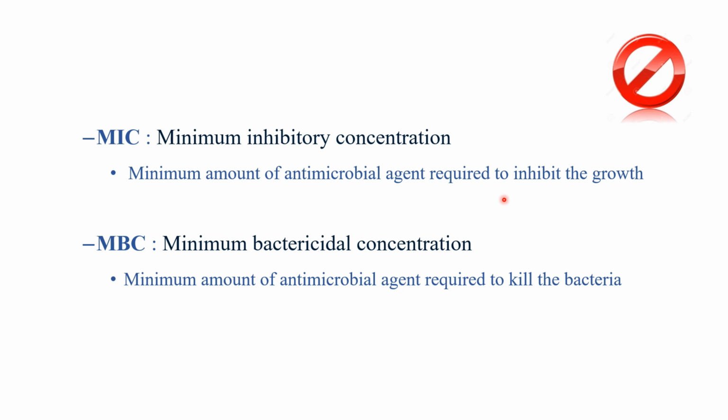MBC means minimum bactericidal concentration, that is, the minimum amount of antimicrobial agent or drug required to kill the bacteria. Bactericidal concentration means that it will kill the bacteria, and inhibitory concentration means that it will inhibit the growth of the bacterium.